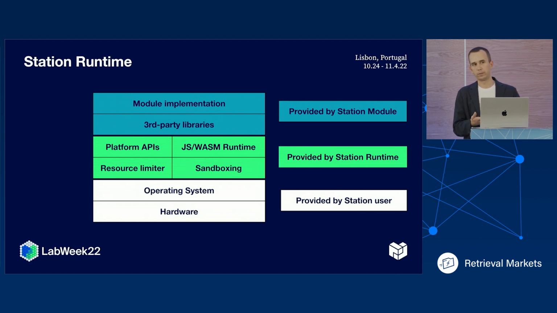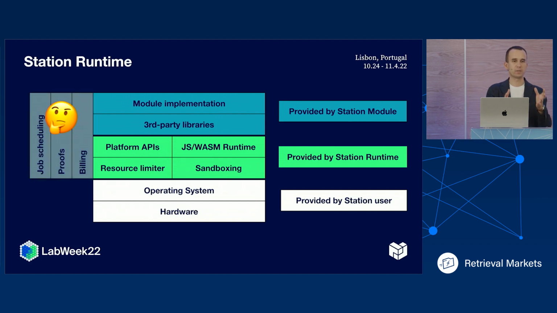Maybe we can go even higher level and give them Web3-specific APIs like fetch me this CID, publish this file to Filecoin storage providers. There are many options which we need to explore. And on top of this, people will be able to build Station modules and leverage all of this goodness of the Station runtime so that their job is much simpler. They can build a module in an easier way.